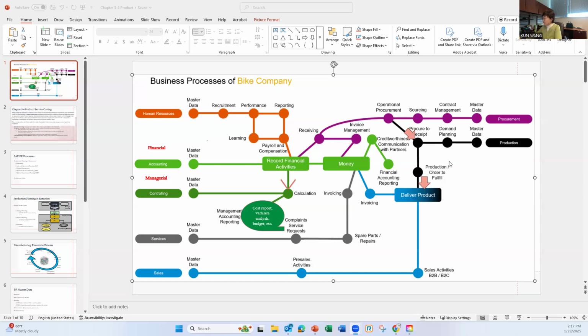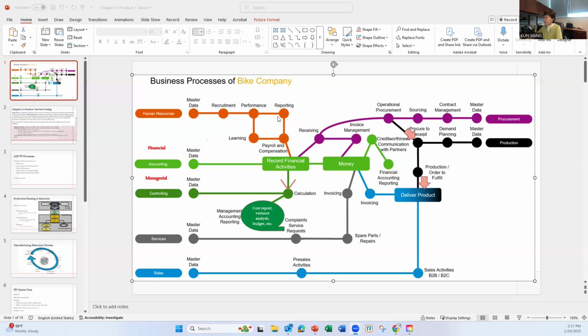And then once you finish the production, the products will be transferred to the sales function to be sold to customers. In the meantime, the invoicing will trigger the financial accounting system to report the sales revenues and also the cost of goods sold.